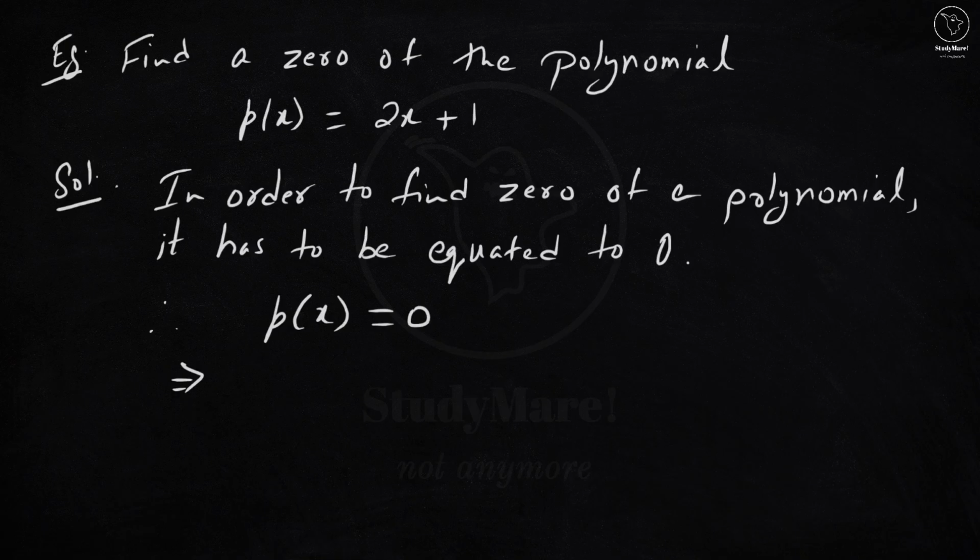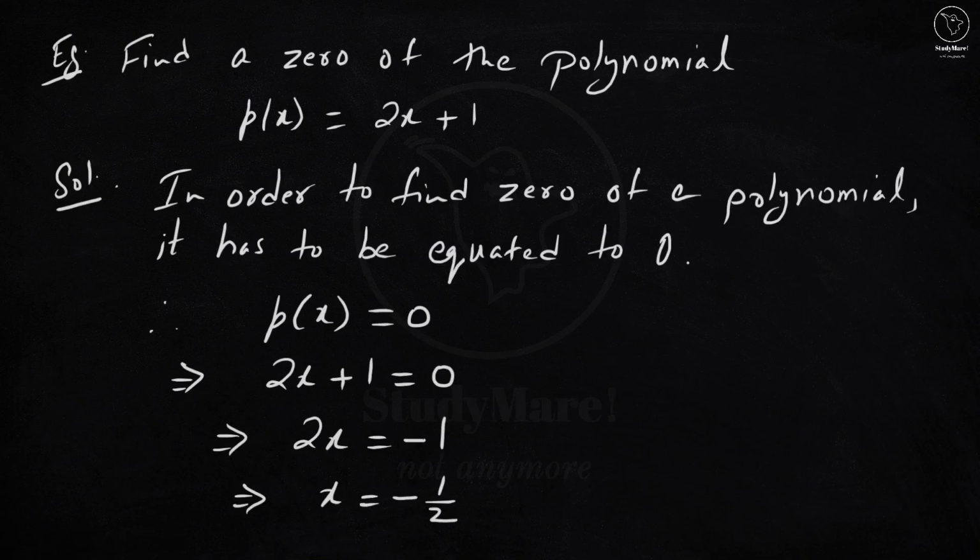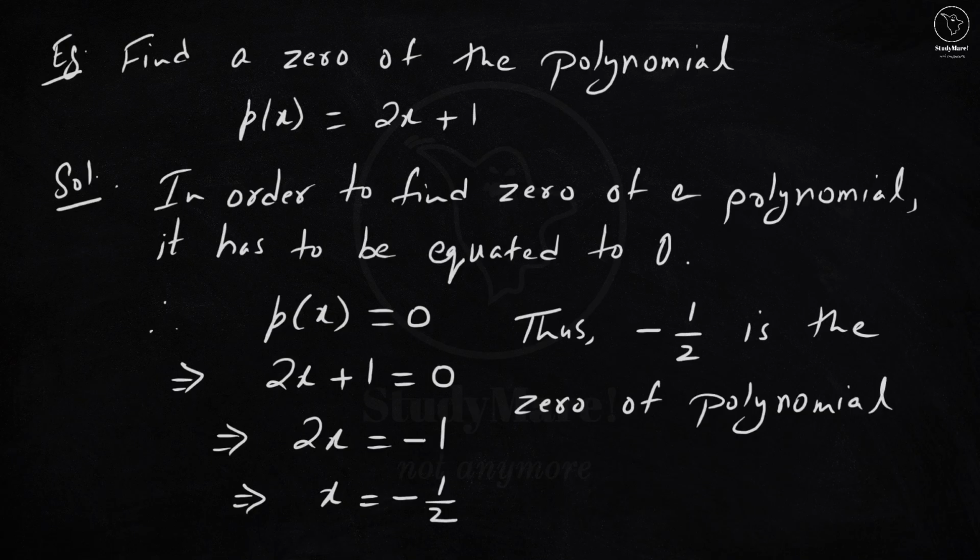Since the value of p(x) is 2x plus 1, we can write 2x plus 1 in place of p(x). Thus, we get 2x plus 1 is equal to 0, which implies 2x is equal to minus 1. Solving it further, we get x is equal to minus 1 by 2. Thus, minus 1 by 2 is the 0 of polynomial 2x plus 1.